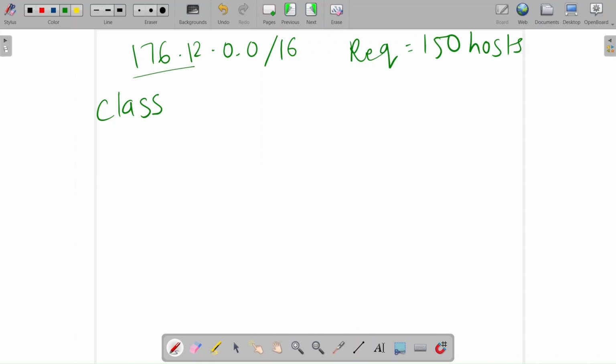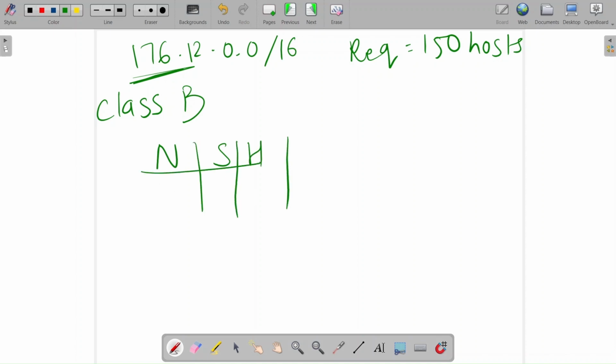Just look at the first octet, and you'll see it belongs to class B. Next, we will make our table, with network, subnet, host, and subnet mask. Great, now given to us, network bits is 16.